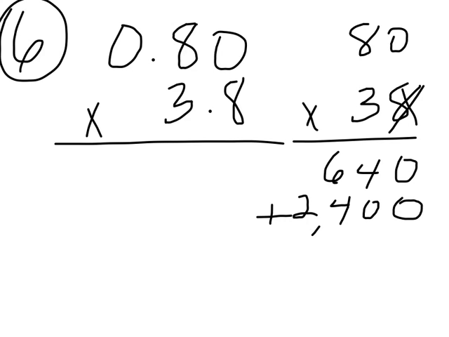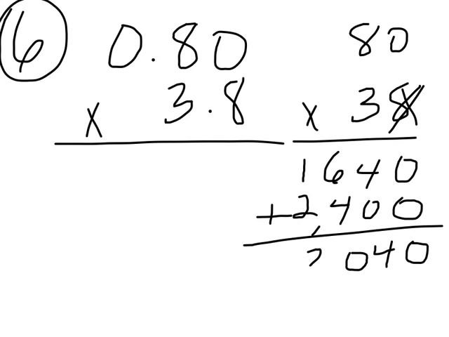And now we can add those two partial products. And 0 and 0, of course, is 0. 4 plus 0 is 4. 6 plus 4 is 10, so I have to carry that 1. That gives me 3,040.